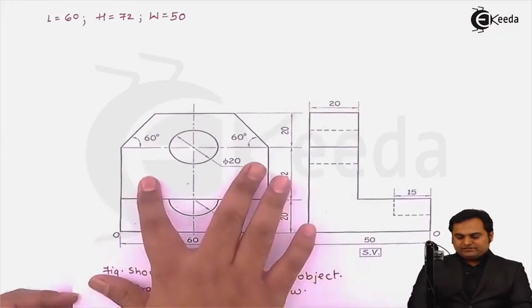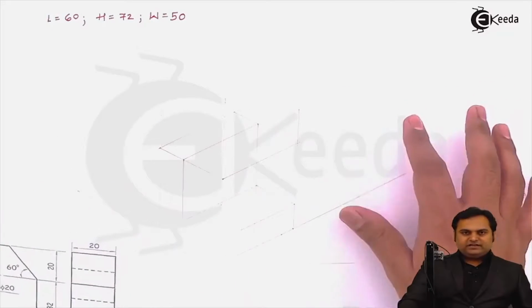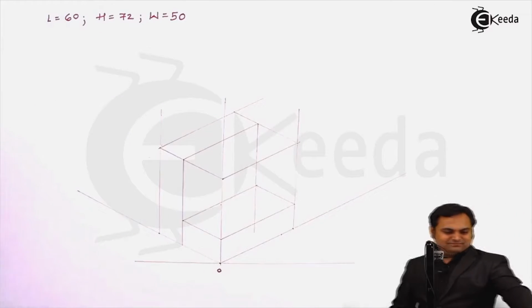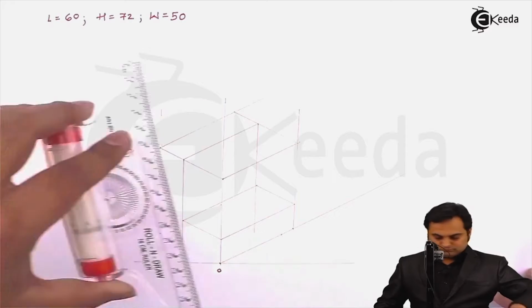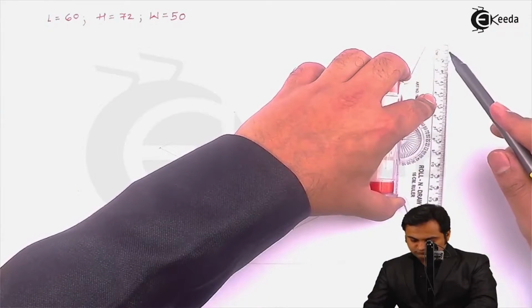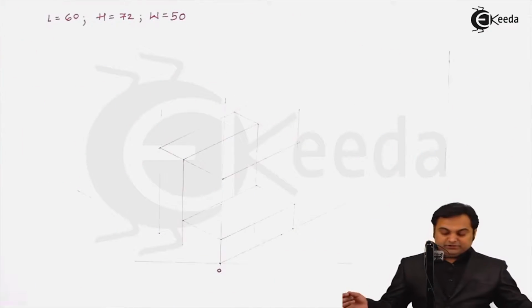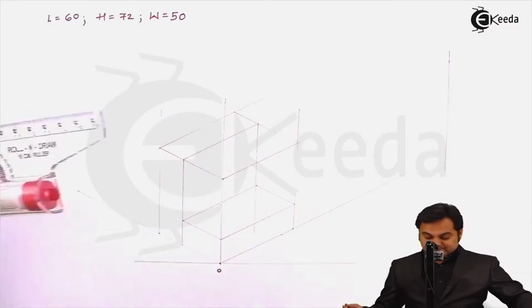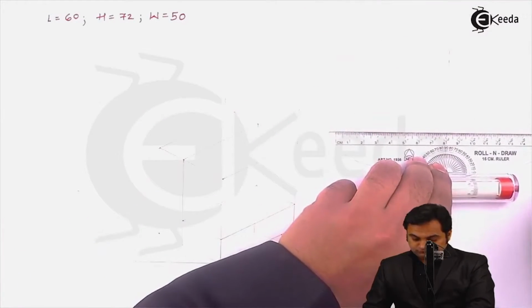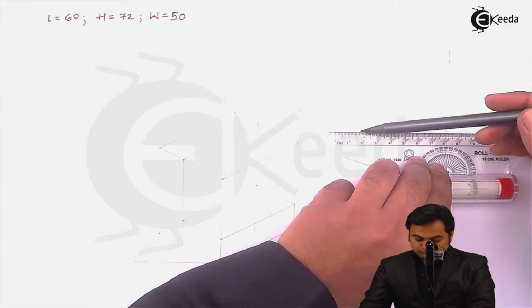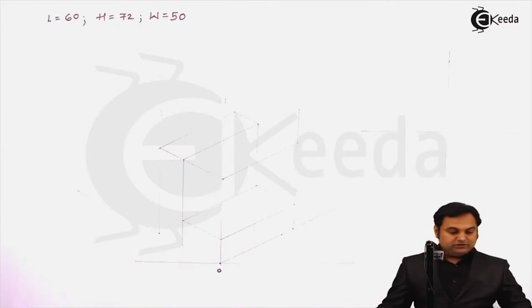First I'm drawing this surface as it is along this side. Let us get started. Drawing a light vertical line. Next, a light horizontal line.